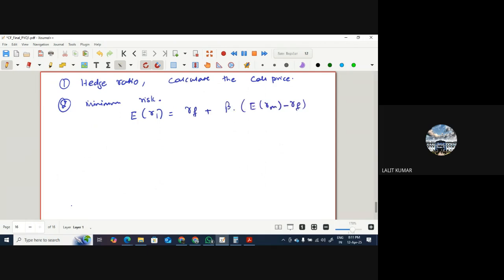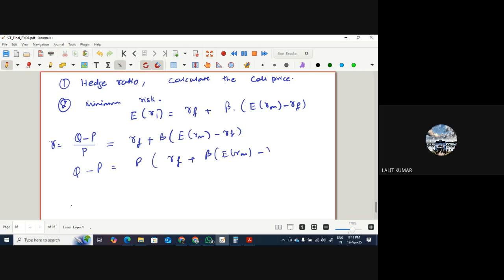Yes. But we also know that your expected return is equal to (Q minus P) over P. So when you equate these two formulas, this will come RF plus beta into (ERM minus RF). So when you open this, it will become Q minus P is equal to P times RF plus beta (ERM minus RF).